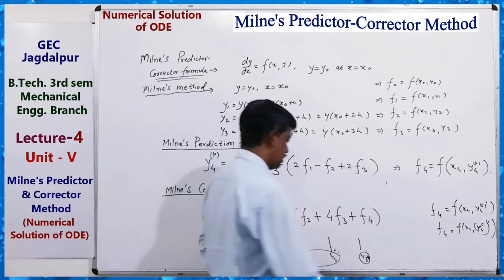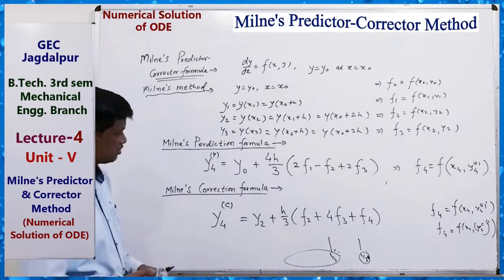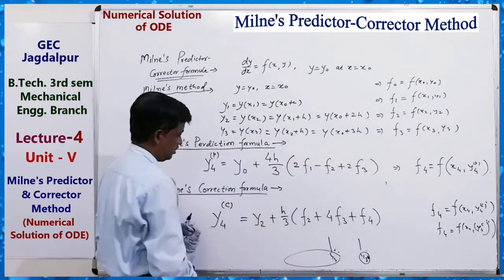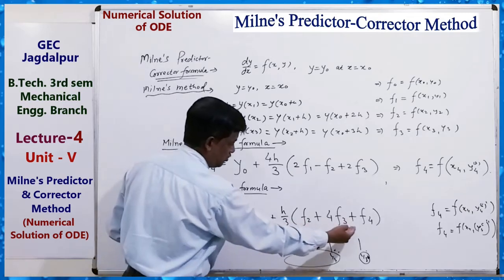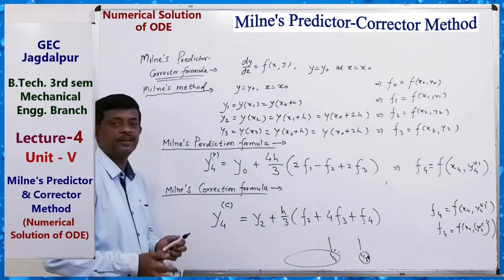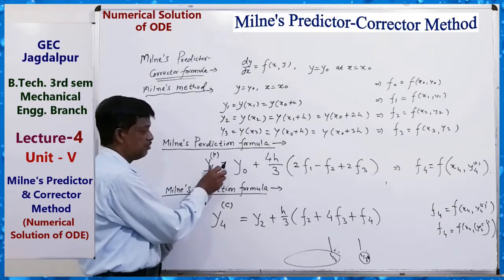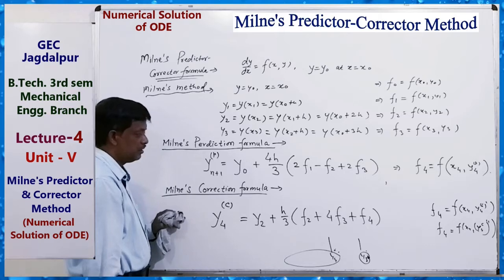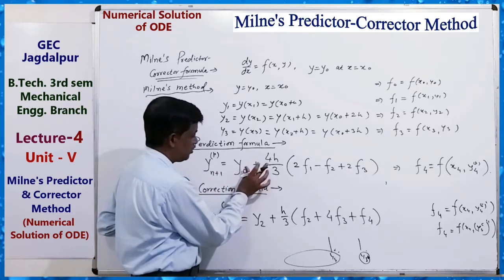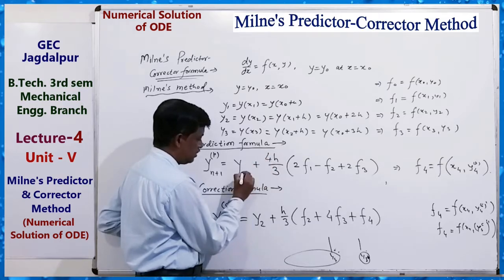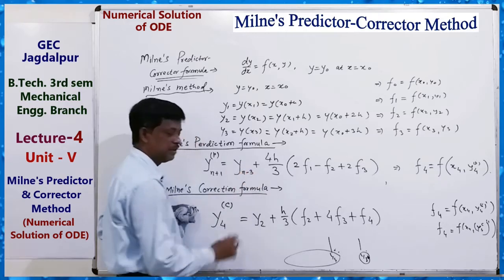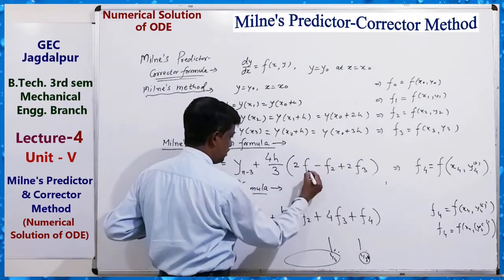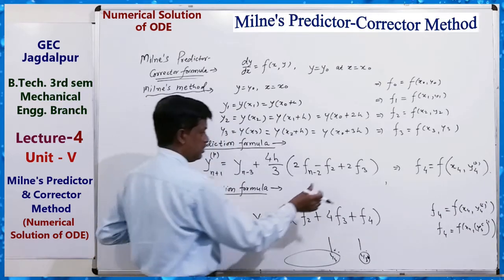In the general formula we can write, because this is the first interval, for y5 the formula will be changed. Here 5, 1, 2, 3, 4. So in terms of the general formula, we can write n plus 1, and then here n minus 3.